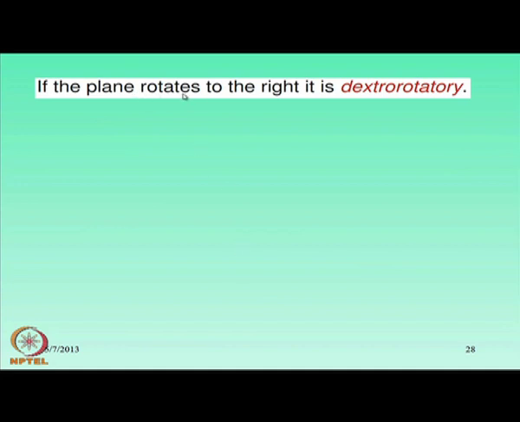If the plane rotates in the right hand direction, we call the molecule a dextrorotatory compound.